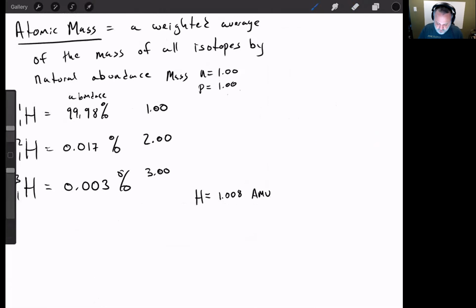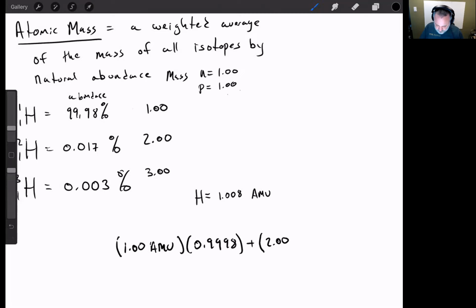So how do I do a weighted average? This is how I do it. The weighted average is going to be the mass of the first one times the decimal equivalent of its abundance, plus the mass of the second one times the decimal equivalent of its abundance, plus the mass of the third one times the decimal equivalent of its abundance.